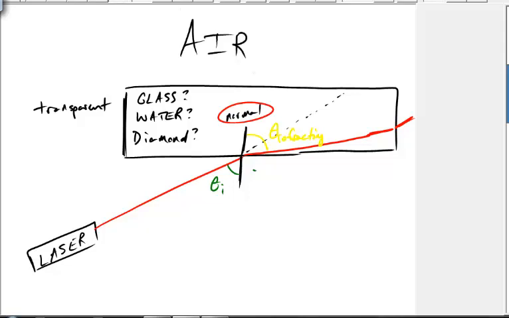So we see here where the light can bend away from the normal, and the angle can get bigger. And we can see where the light will bend towards the normal, and the angle will get smaller. So, refraction has some requirements.